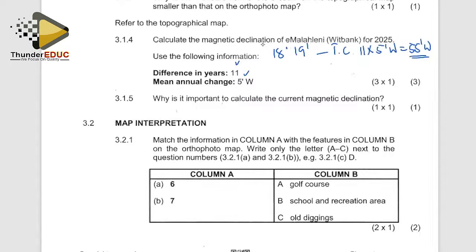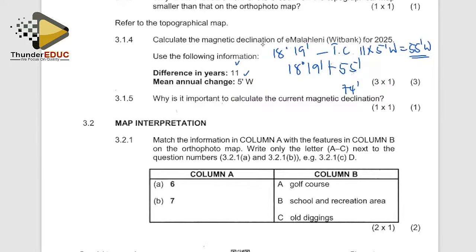So for us to get the declination for 2025, we are now saying the angle that was there in 2014, which is 18 degrees, 19 minutes, plus the accumulated 55 minutes over the 11 years. If we add these two, 19 minutes plus 55 minutes, we are going to get 74 minutes.